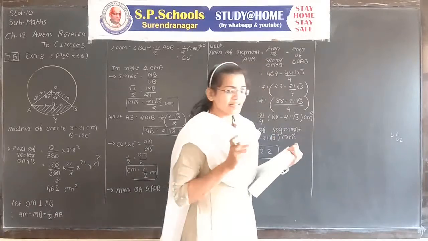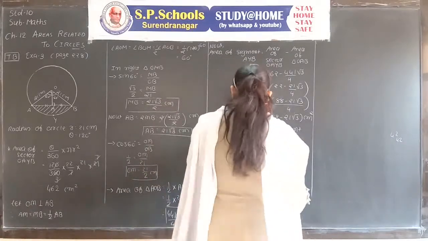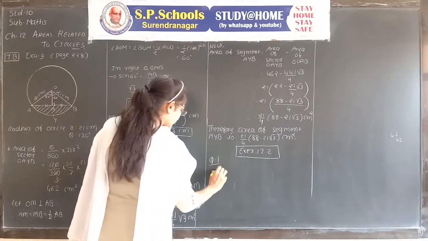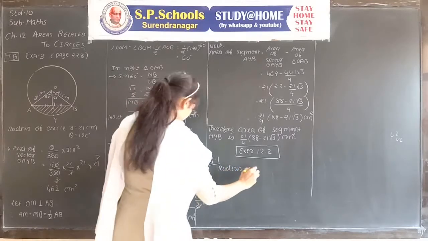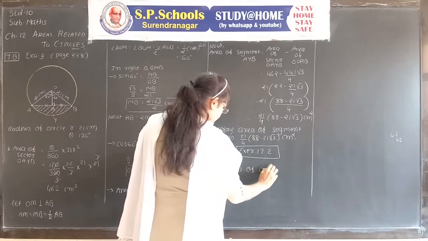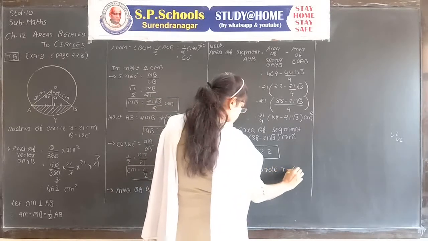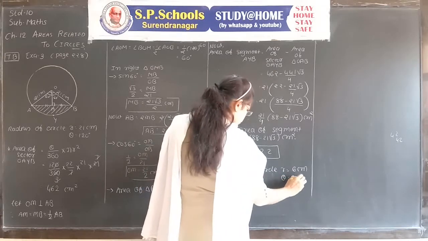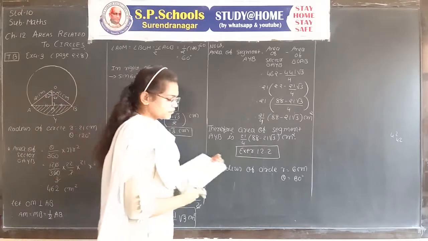Simply, sector means a minor sector. Radius of sector is given, means radius of circle. Radius of circle R is equal to 6 cm. Angle of sector, theta, is equal to 60 degree. We need to find area of sector.